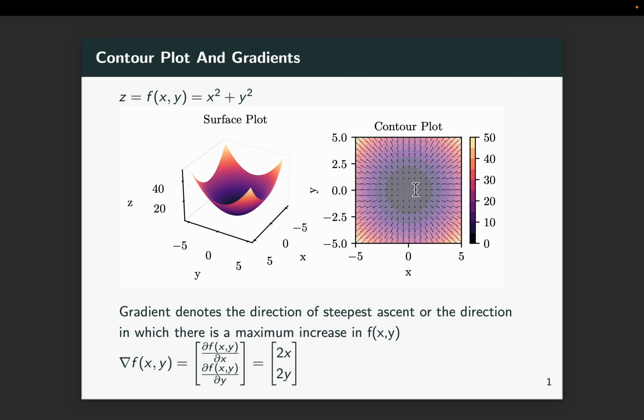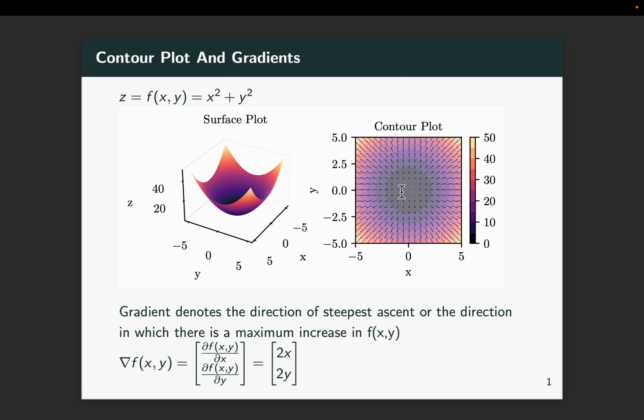Now, if you want to increase z at the quickest rate, you can go in different directions. In which direction should you be going? Should you be going in the y direction, or in the x direction, or in the minus x direction?